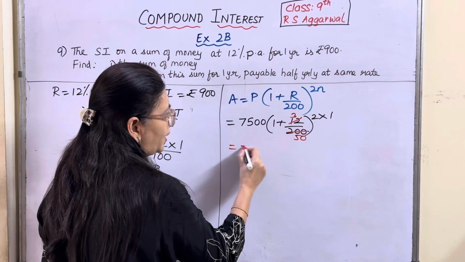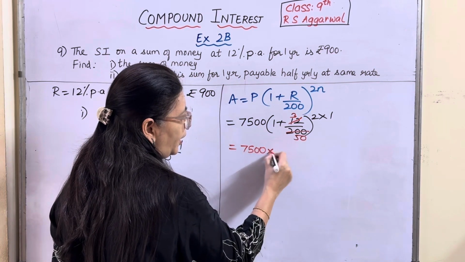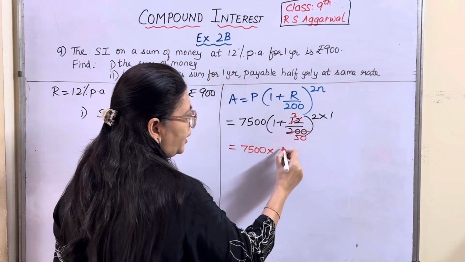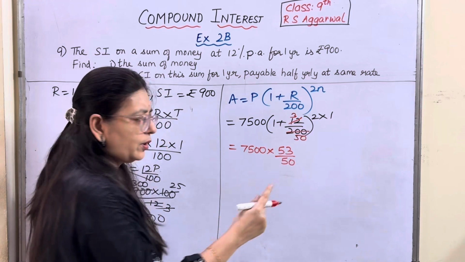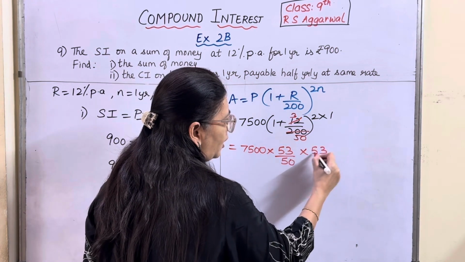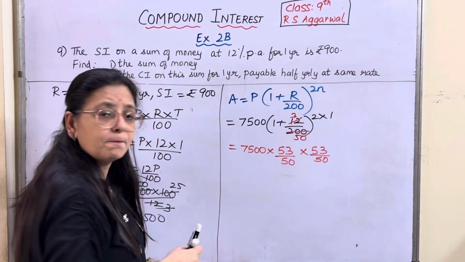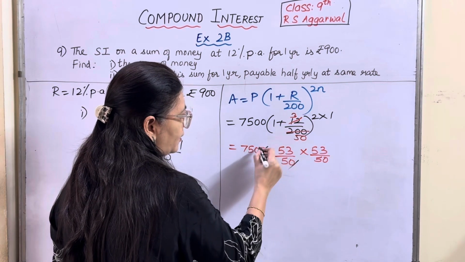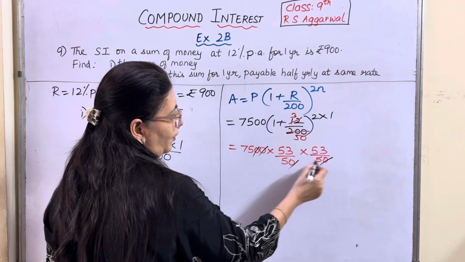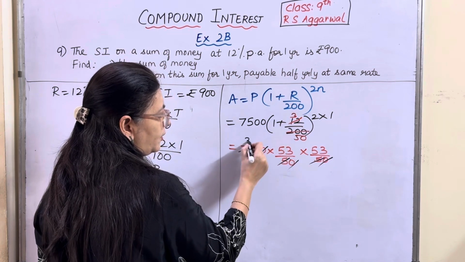Okay. So this will become 7,500 into 50 plus 3 is 53 upon 50. How many times? 2 times into 53 upon 50. Okay, come on. Now let's reduce it. 0 and 0 gets cancelled. 5 5s are 25, which is 3 times.